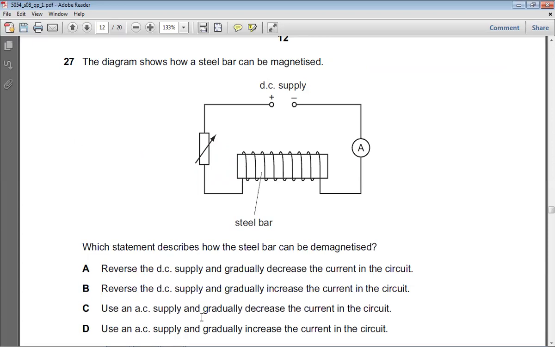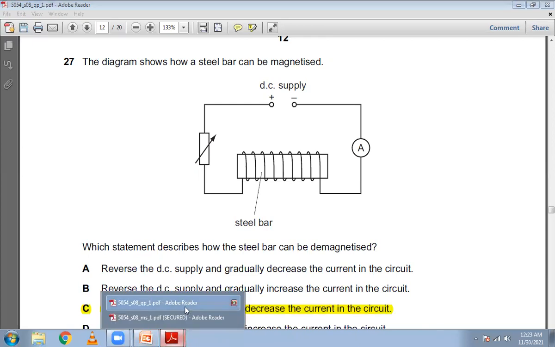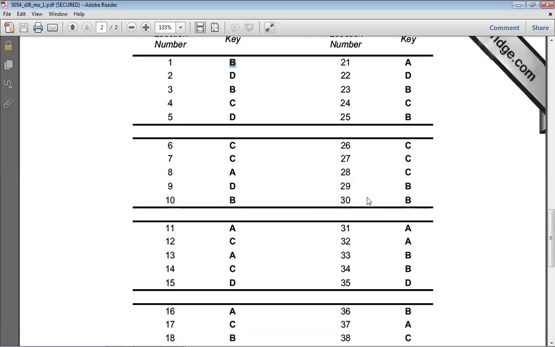Use an AC supply and gradually decrease the current in the circuit. Yes, that is how you demagnetize the steel bar. So C, question number 27, I think C is the right option, sir. Question number 27, C is the right option, sir.